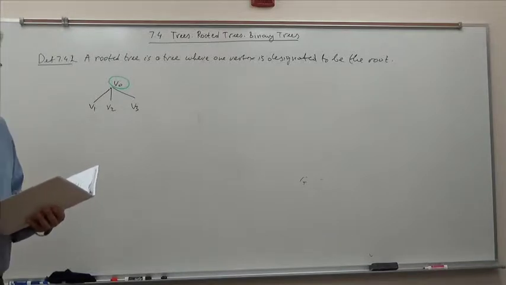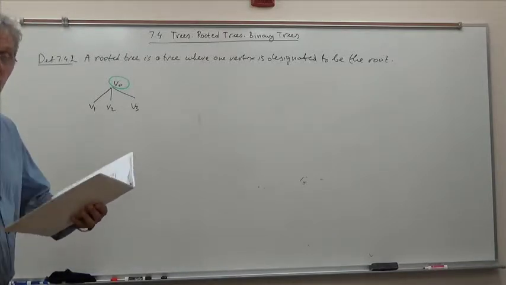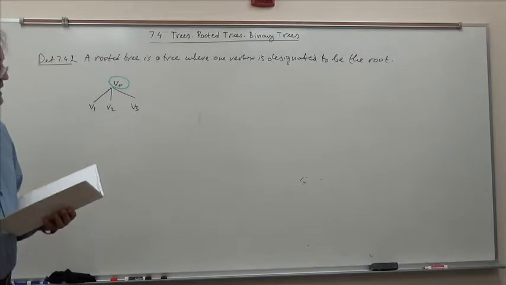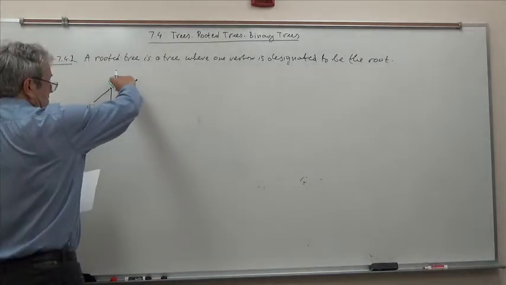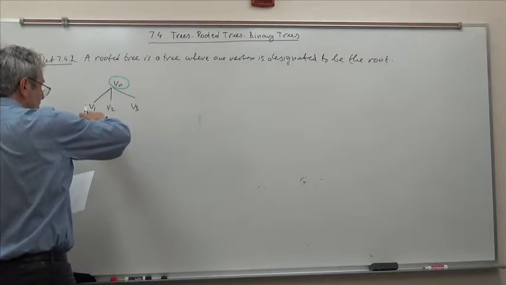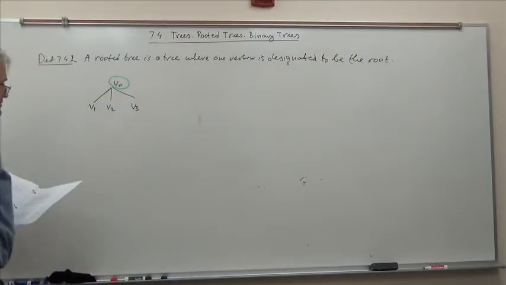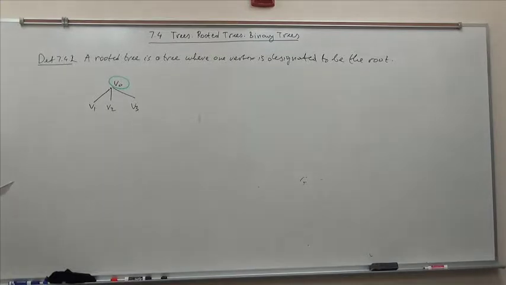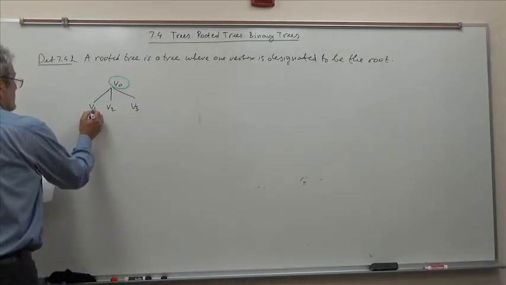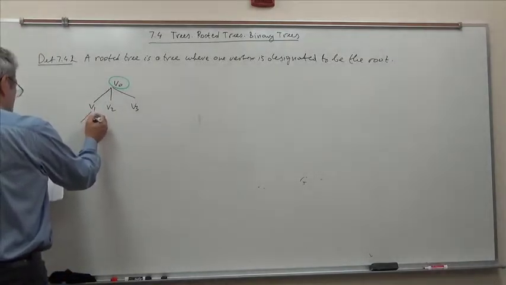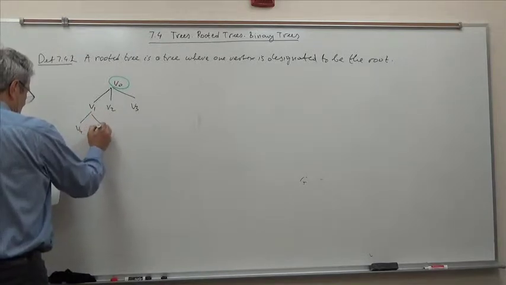And when that's the case, then you actually draw your tree in a special way. So you write the root on top, for example. Then, on the next level, you draw the immediate neighbors of V0, and you call them V1, V2, V3. And then V1 has its own immediate neighbors, we call them V4, V5.